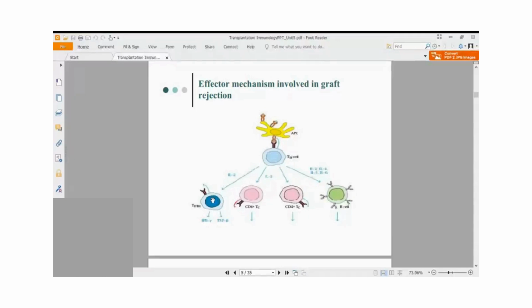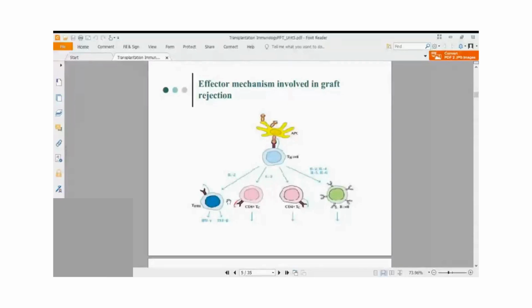The delayed type hypersensitivity response by the TH1 cells involves the production of inflammatory cytokines like interferon gamma and tumor necrosis factor beta. So tumor necrosis factor beta and interferon gamma will be responsible for the inflammatory reaction.